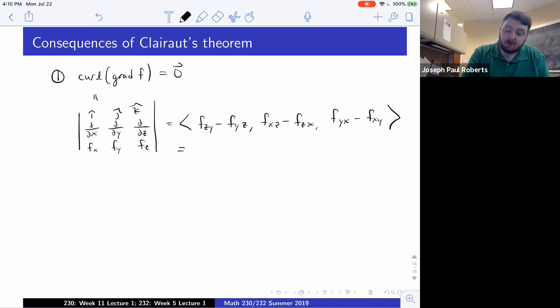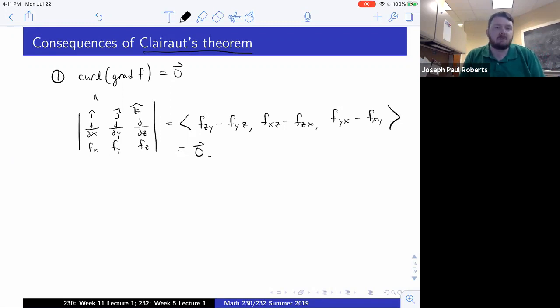And remember, Clairaut's theorem is just the statement that as long as your second partial derivatives are continuous, they have to be equal. So again, we're assuming that everything's nice here. And so if you're the gradient of something, the curl has to be zero. And again, we do really need to be a little bit careful with, well, in general, you have to be very careful with statements versus their converses.